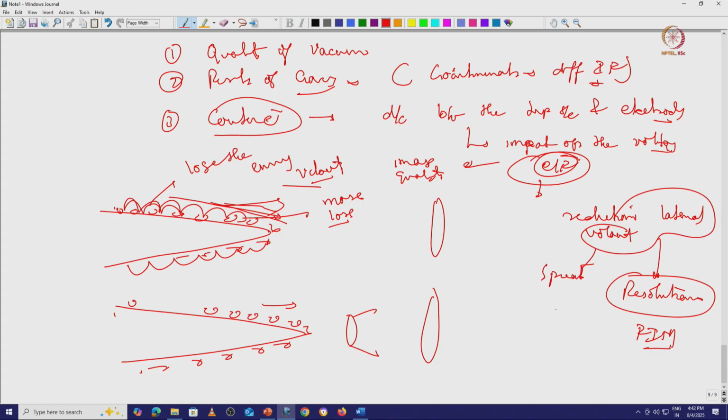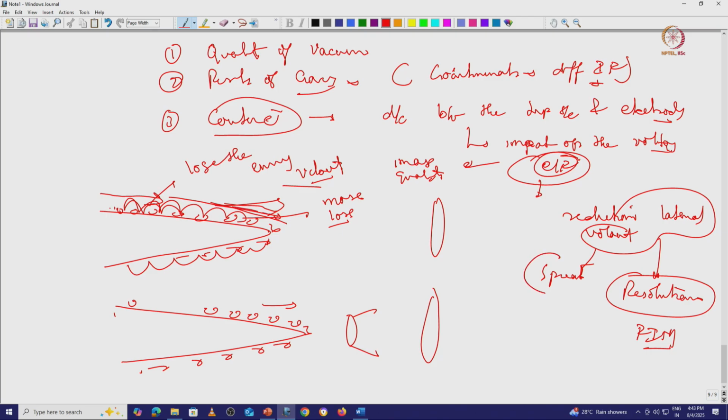Fine. So you can see that if there is no counter electrode, the atoms moving towards the apex lose thermal energy on the surface, and the velocity becomes lower and lower.